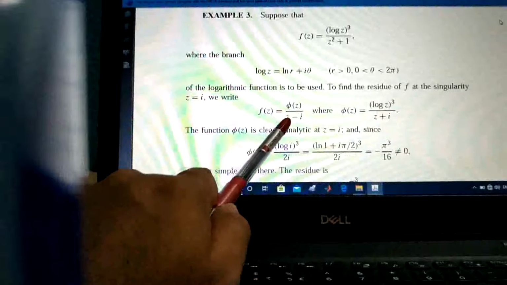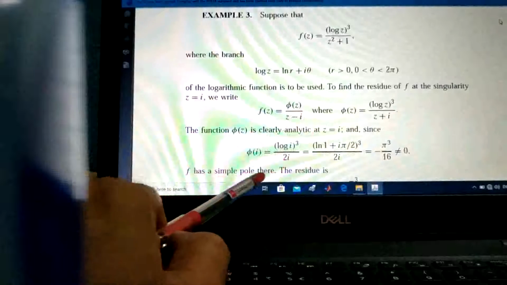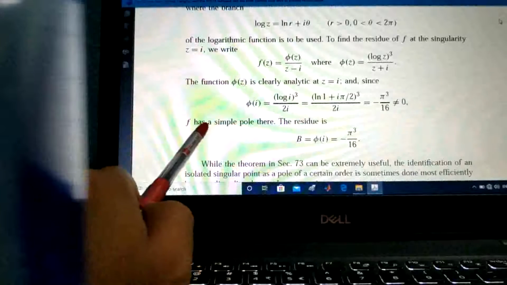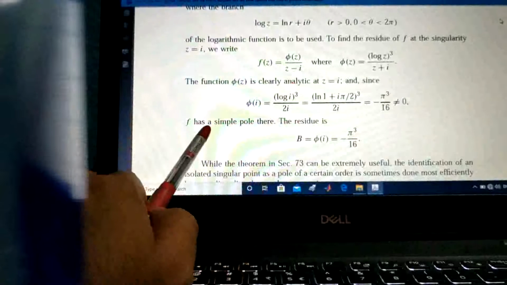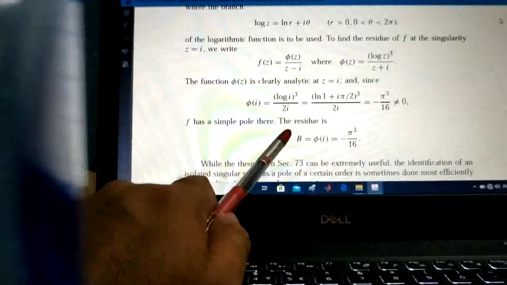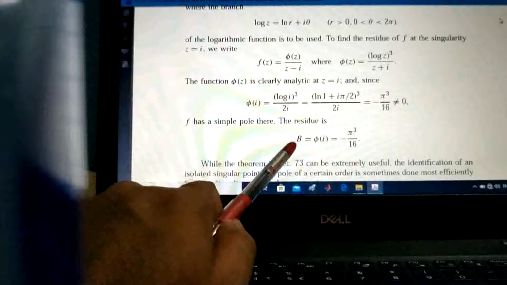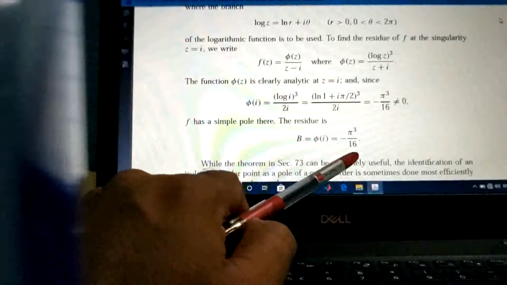Because z minus i whole to the power 1 is present here, we can decide that z equals i is a simple pole of f, and the residue at the simple pole will be given by this phi of i.